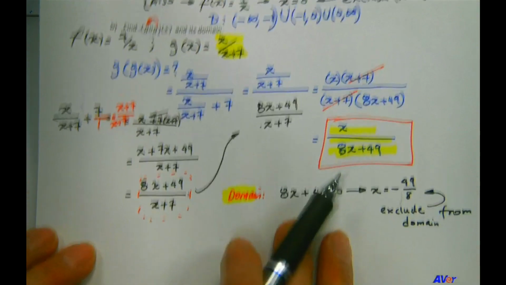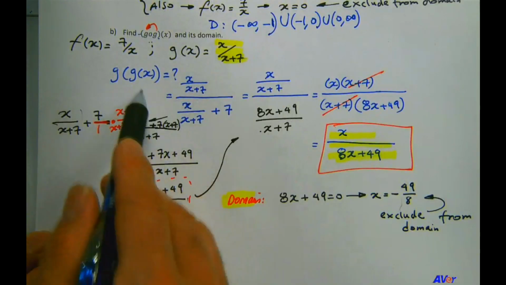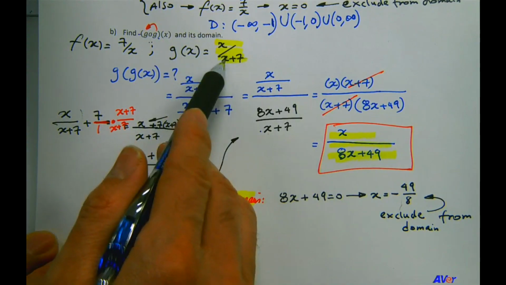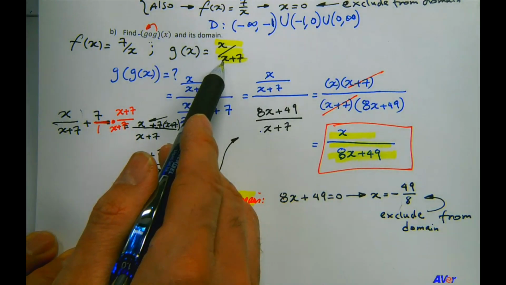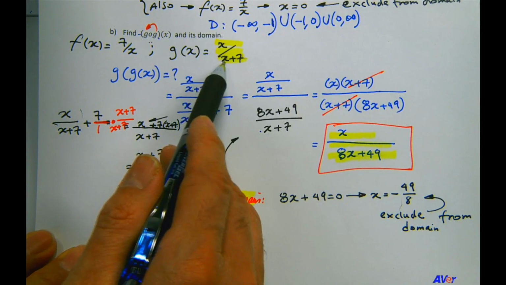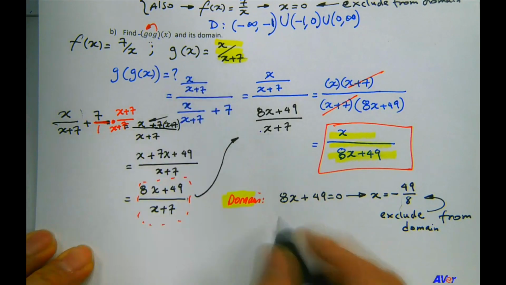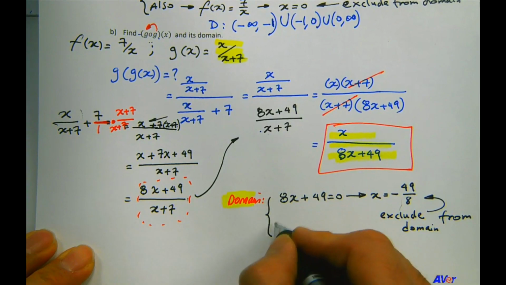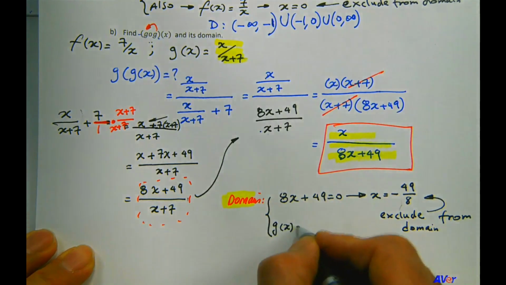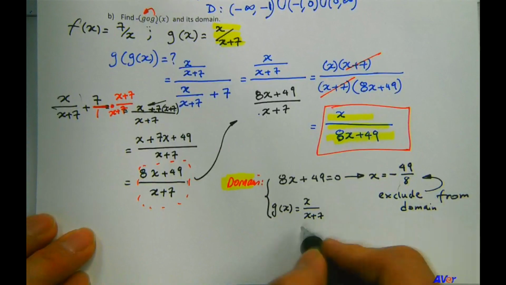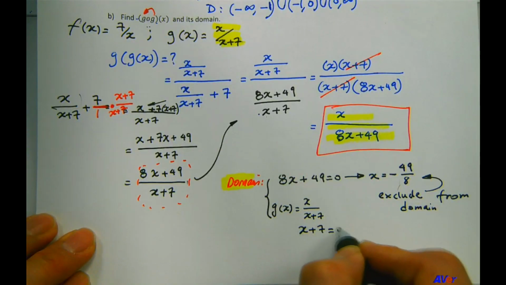Also, the original function that went inside was g itself, right? So in that function, we could not have x be equal to negative 7. We could not have that, because if it was, it would make g undefined. So also, this is the second piece, g of x equals x over x plus 7. x plus 7 equals 0.